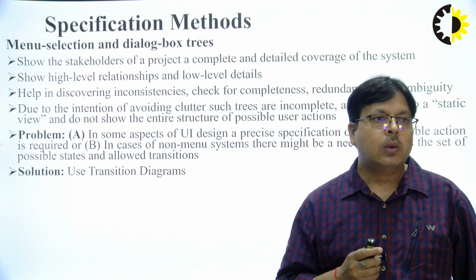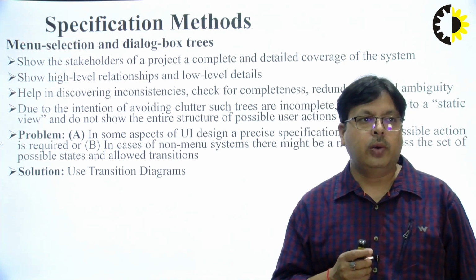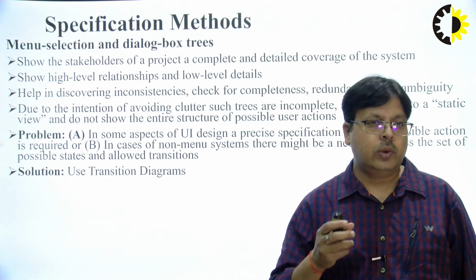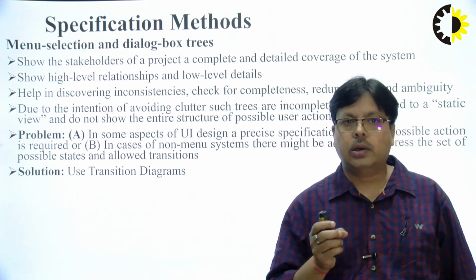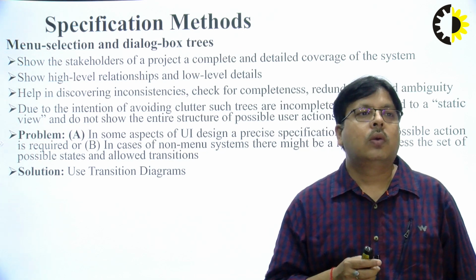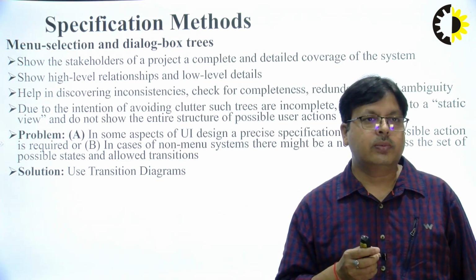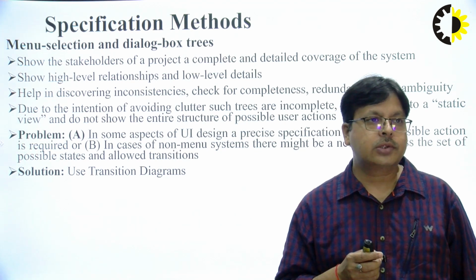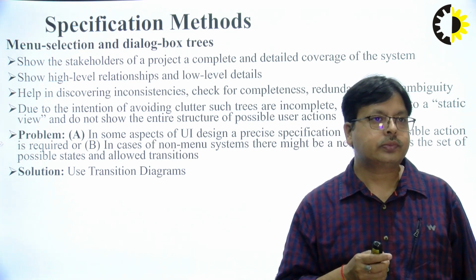So how the menus should be shown in the particular window or graphical environment, so that the user can easily understand the architecture of the information, right? So the stakeholders of the project get the detailed coverage of the system, with high level relationships and low level details, right?